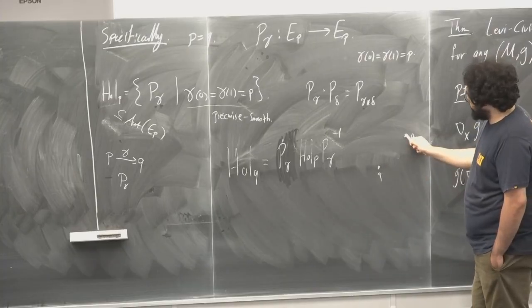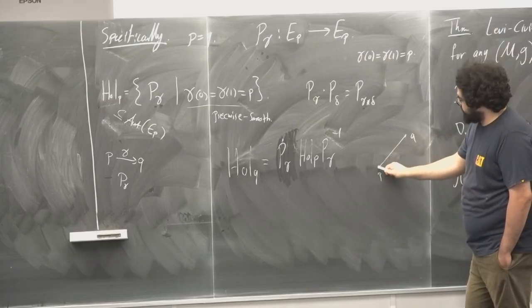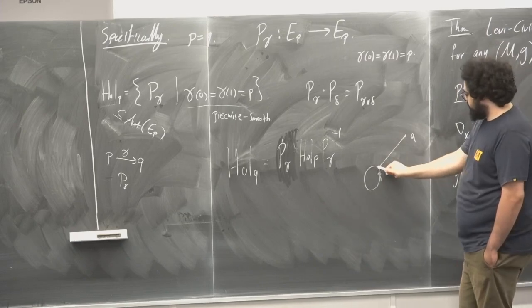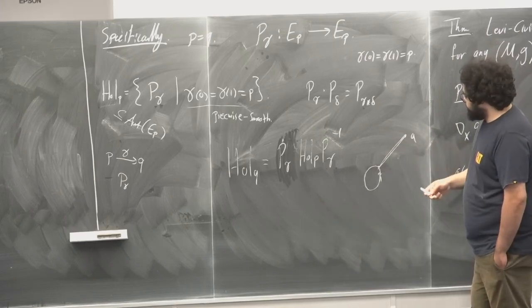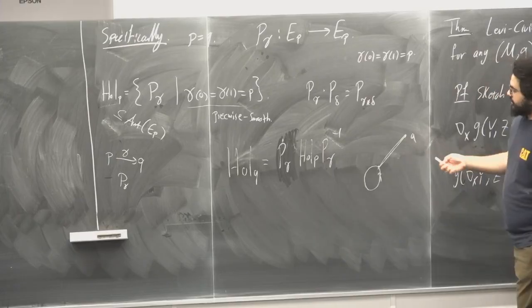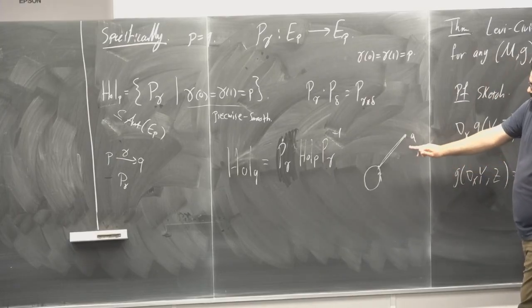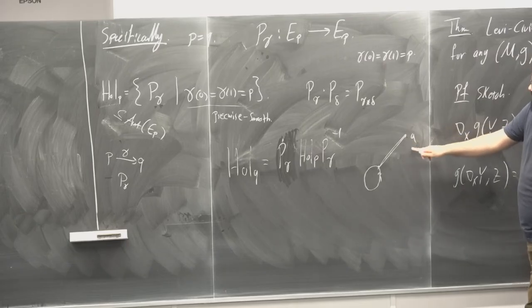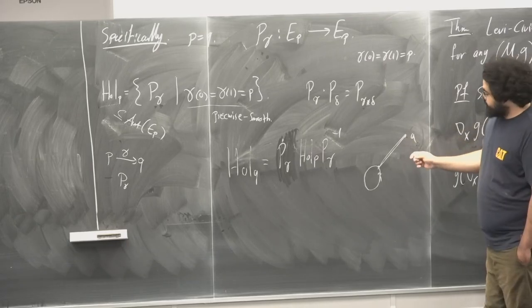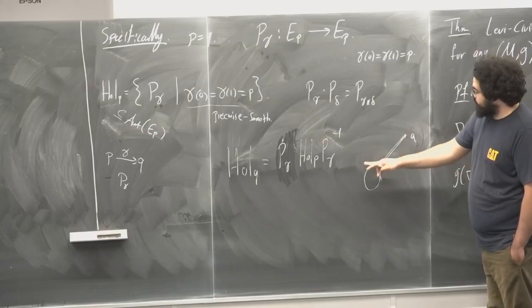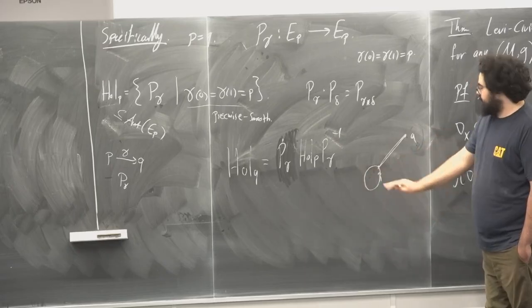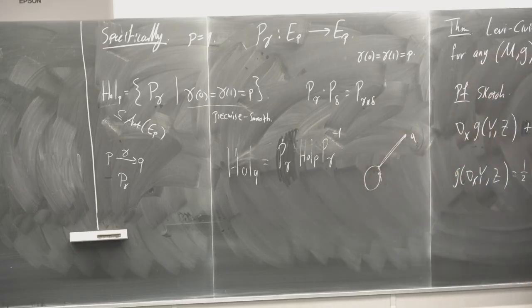You're based at Q. You first go to P. You do your loop around P, and then you go back. So this shows that basically any loop or any holonomy at Q is going to be living inside this group here, holonomy at P, and of course the other way around is the same thing.